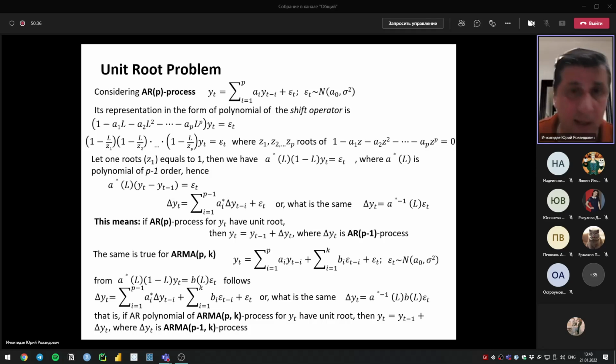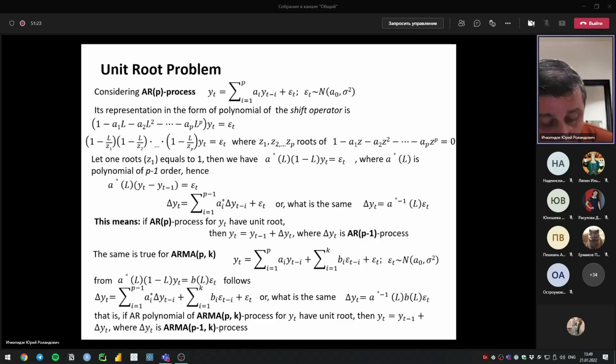Let's say we have some AR(p) process. We represent it as a polynomial of a shift operator. Transfer all these coefficients to the left side, take yt out of brackets, and use the shift operator. Having solved the resulting characteristic equation, we expand this polynomial into factors. And let one of the roots, z1, z2, ..., zp, of the characteristic equation be equal to 1.